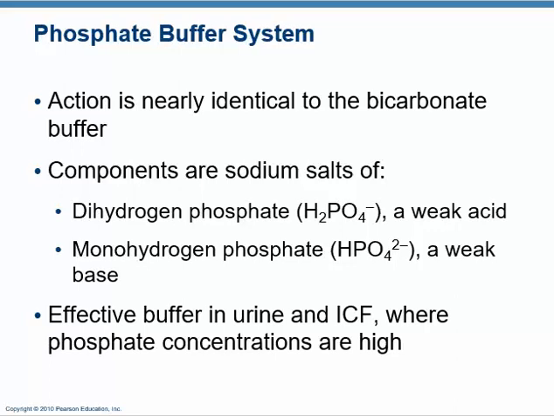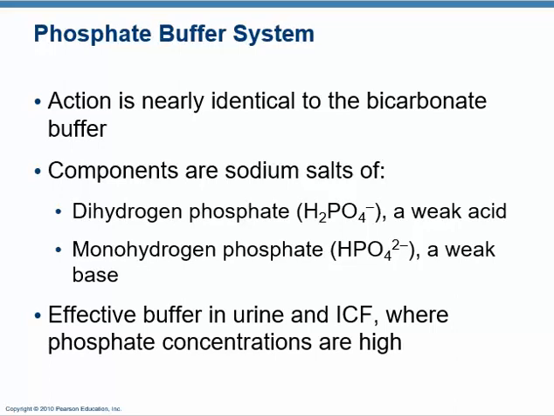Phosphates do almost the exact same thing, except it's H2PO4, which is the weak acid. And this is the P of ADP, ATP. So there's a lot of it, especially intracellularly, because it's produced every time we turn ATP into ADP.